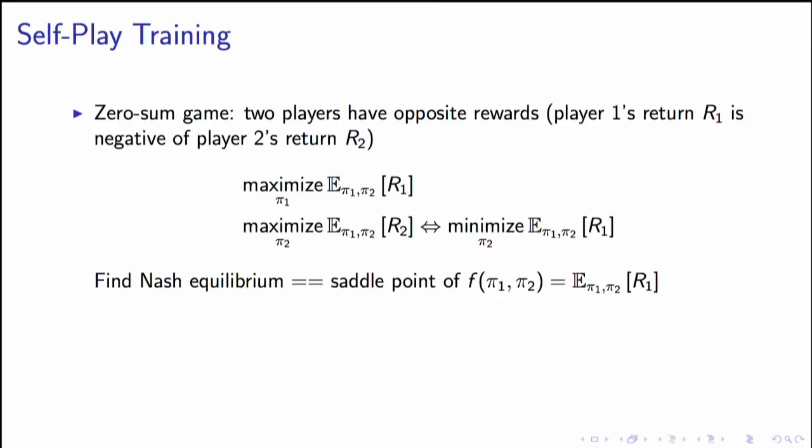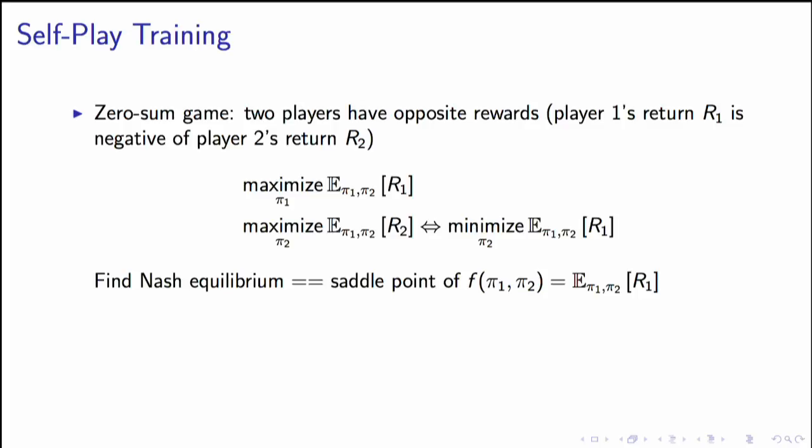So we have two players and they have opposite rewards. Player one's return, R1, is the negative of player two's return. We could write this out where player one is trying to maximize the expectation of R1, and player two is trying to maximize the expectation of its reward, R2, which is the negative of R1. So player two is trying to minimize R1.